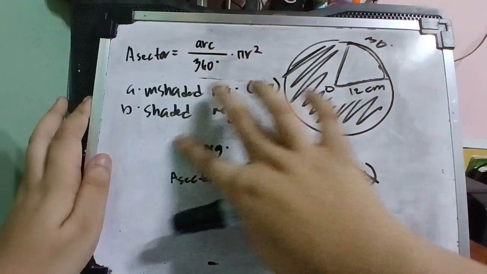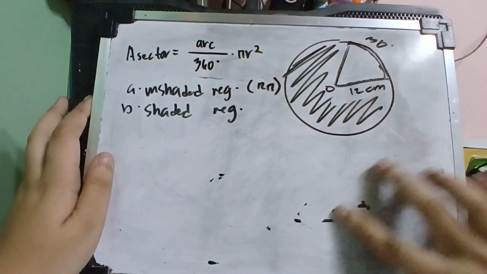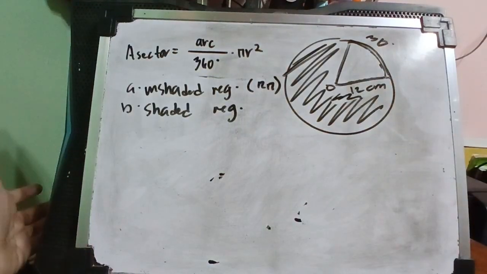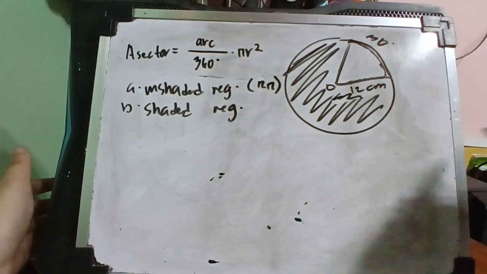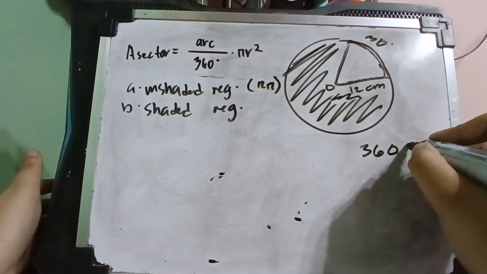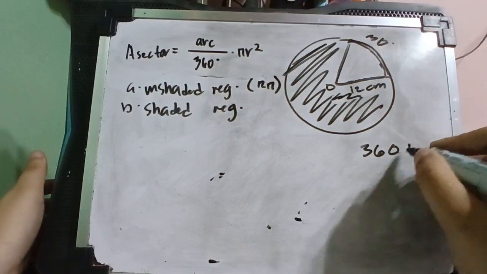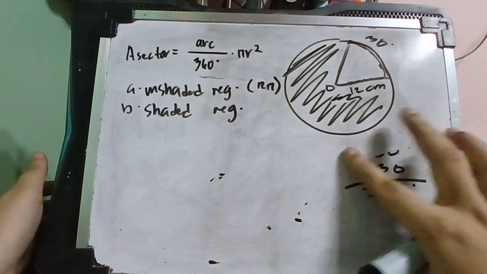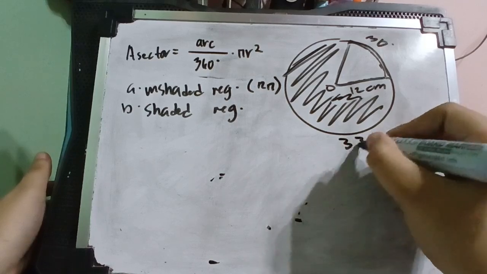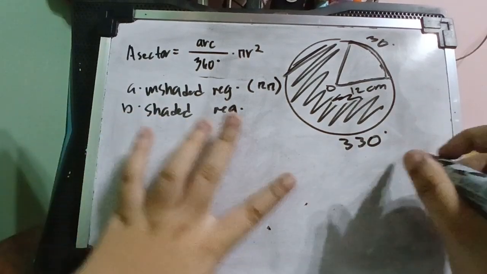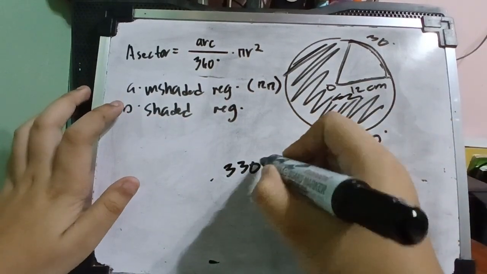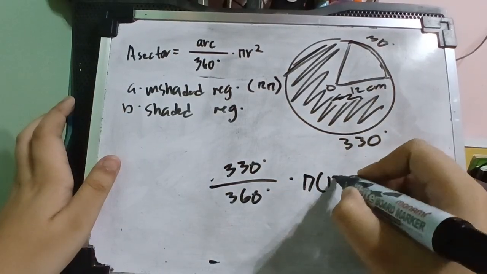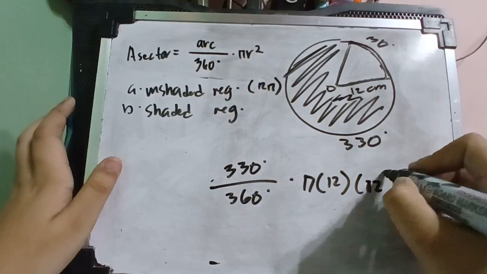Now, punta naman tayo sa shaded region natin. Okay, so sa shaded region, ito yon. And yung given lang sa atin is ito, walang pinagbago. So, let's say, kunin natin yung circumference ng circle, which is 360. And then we're going to minus it by 30, which will get 330. So, magiging 330 over 360 multiplied by pi times 12 squared or 12 times 12.